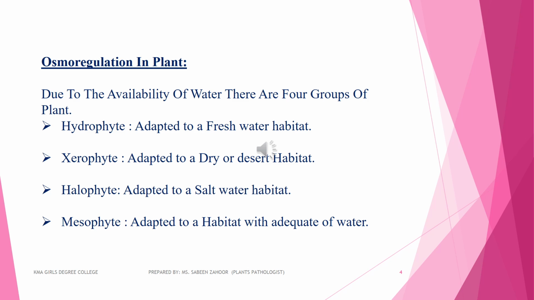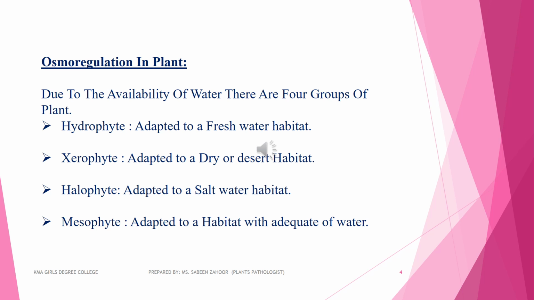On the basis of osmoregulation, due to the availability of water, there are four groups of plants. One is the hydrophyte, which we already discussed, right? These are plants adapted to a freshwater habitat, because hydrophytes live in the freshwater habitat.